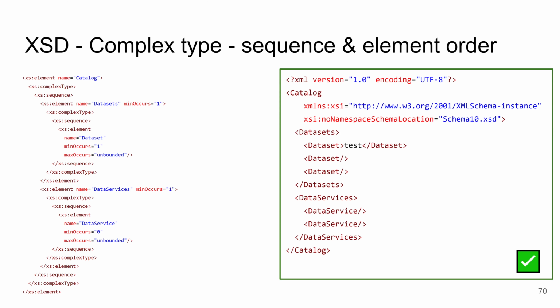So this is just a good practice of how to structure such XML documents. This is then the example of where we have no data services, and it is visible in the document explicitly because the data services element is empty. So it is better than the case where we had datasets and data services mixed together.